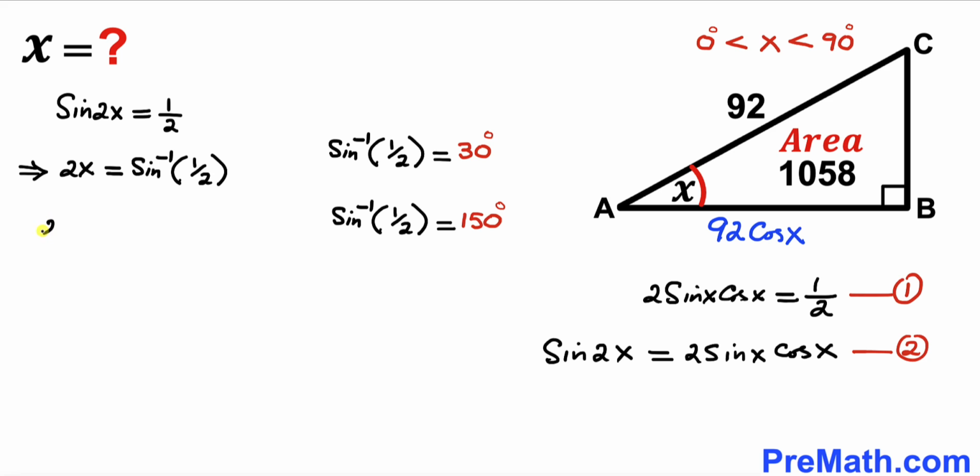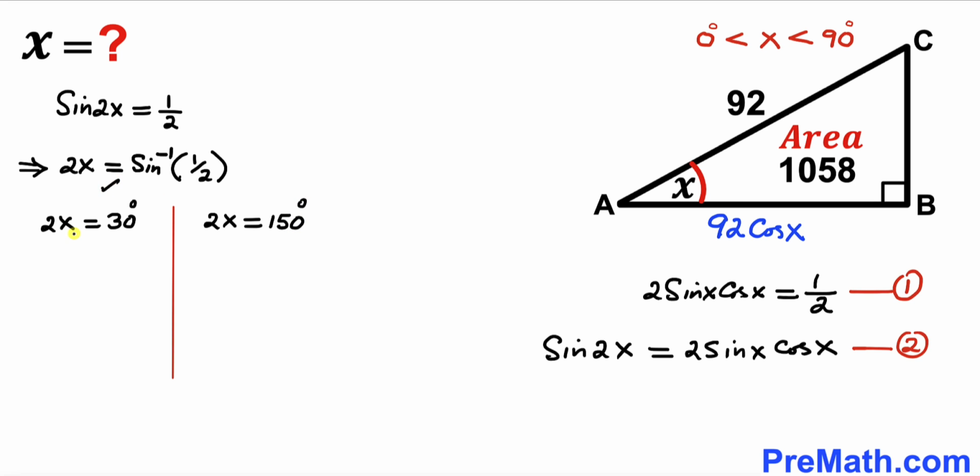So I can write 2x equals 30 degrees, or 2x equals 150 degrees. If 2x equals 30 degrees, then our angle x is going to be 15 degrees. And if 2x equals 150 degrees, then our angle x in this scenario is going to be 75 degrees.